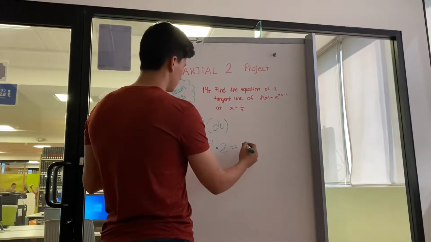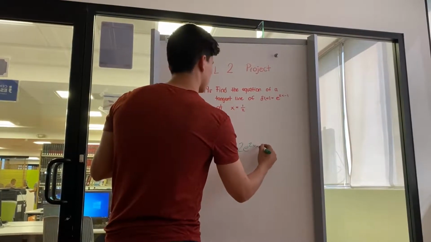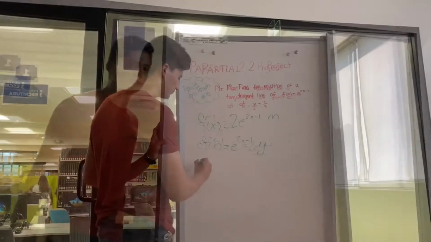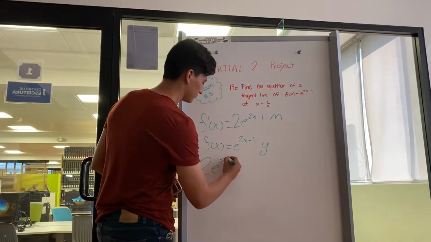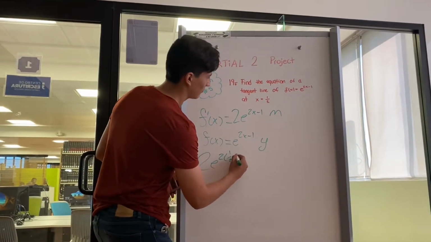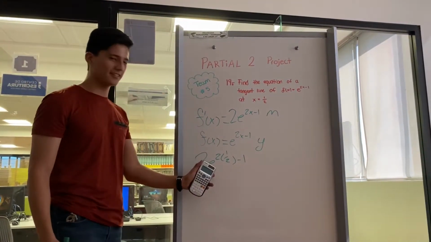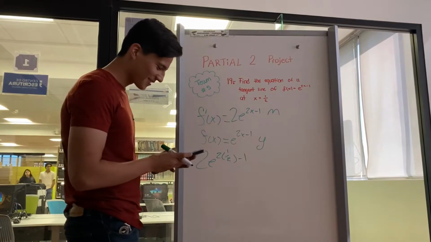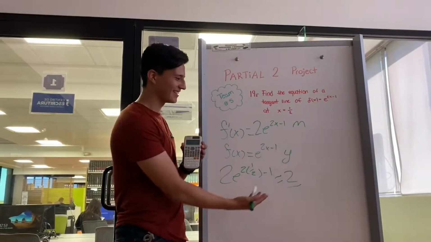This is equal to 2e to the power of 2x minus 1. So now we put this in the calculator. So the answer is 2.